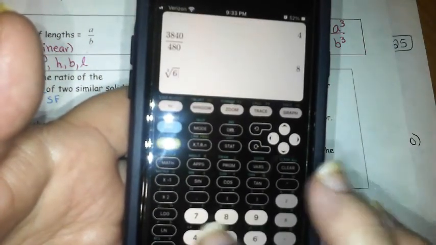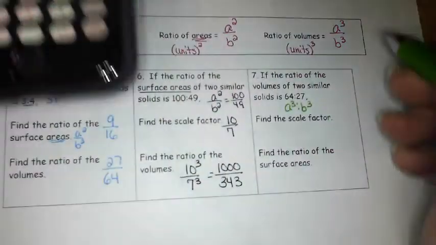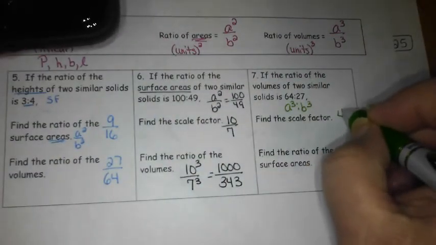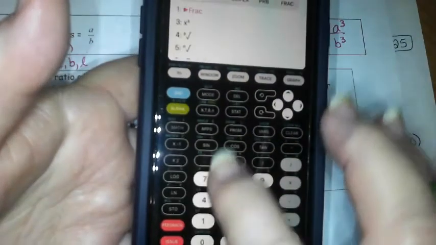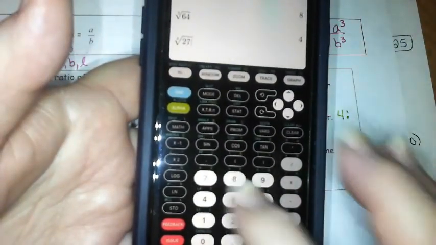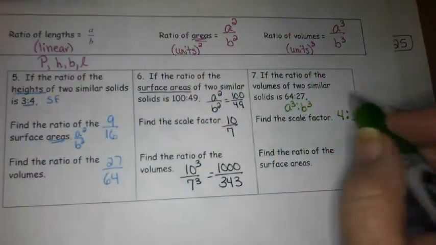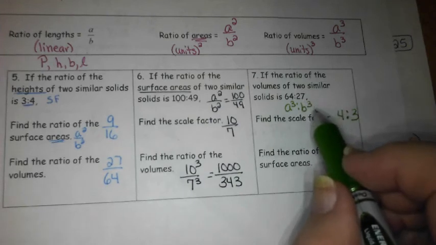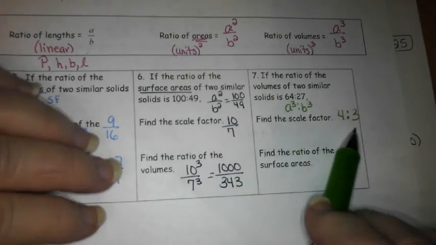And you could take the cube root of 64 if you weren't sure what it was. So the cube root of 64 is 4. And the cube root, we could do it again, math, number 4. Cube root of 27 is 3. So if you didn't know what the cube root was, you can use your calculator. So the scale factor of these two figures was 4 to 3.